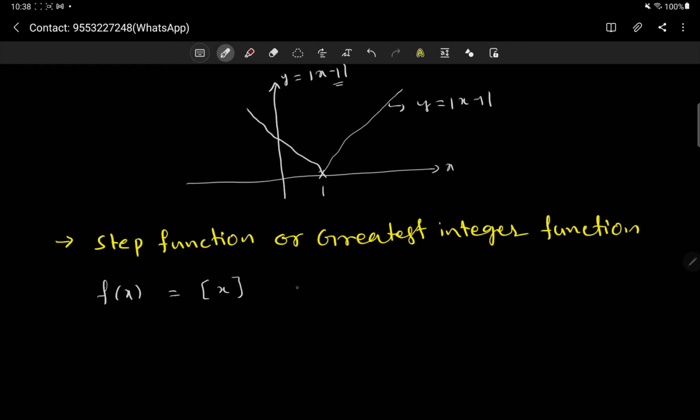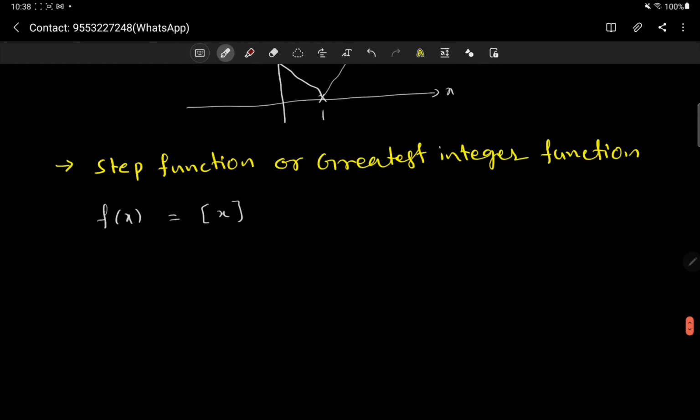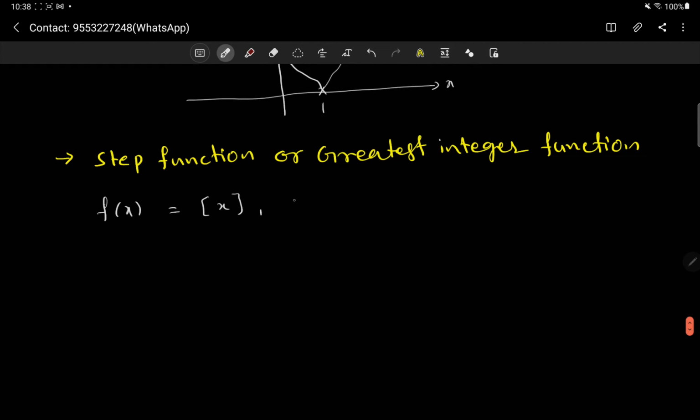We'll say this is step x, so this is the greatest integer function, where step x is equal to the greatest integer less than or equal to x.